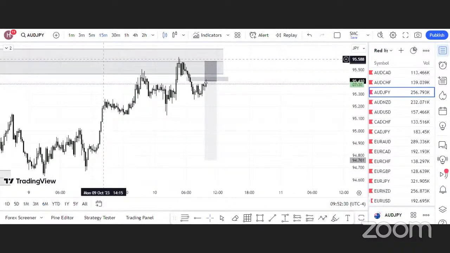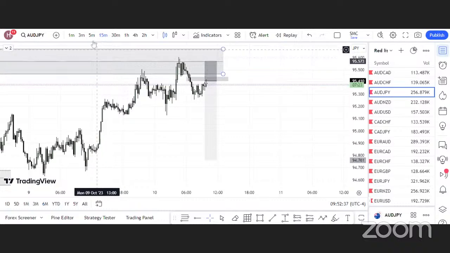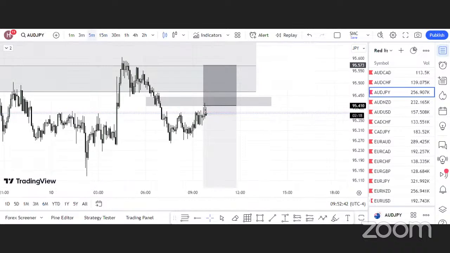So let's get a proper entry, and then we can take this trade. So 5 minutes candlestick close, then we place a sell trade here. AUDJPY. Guys, go and get your account ready. Search for AUDJPY.